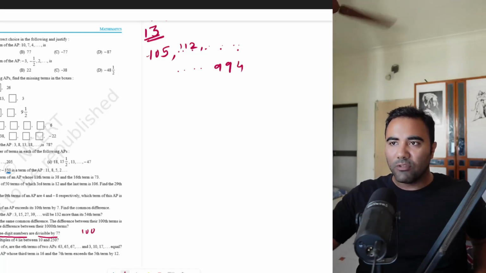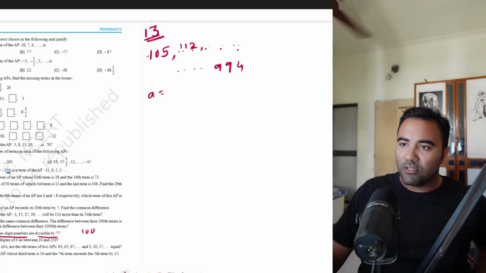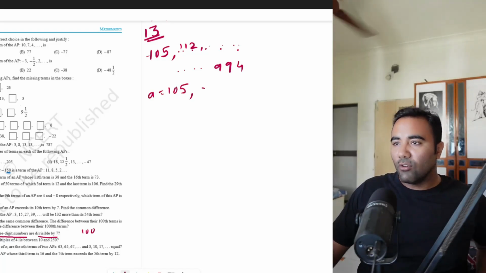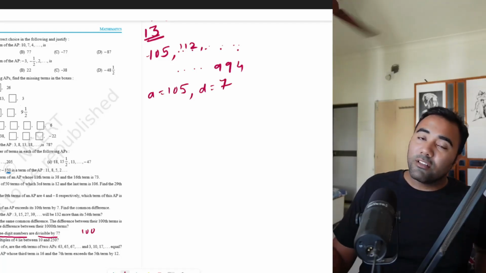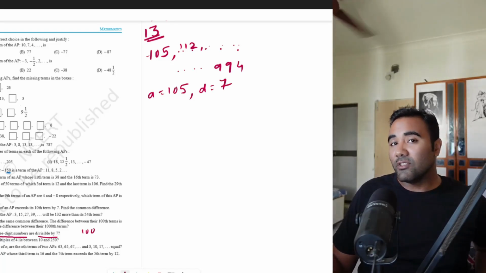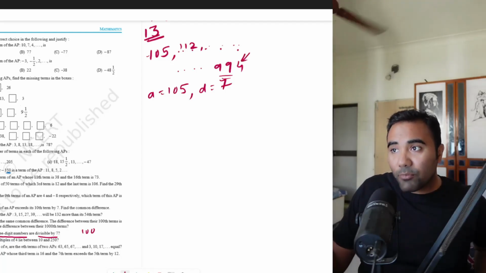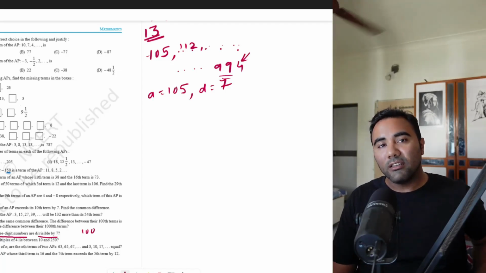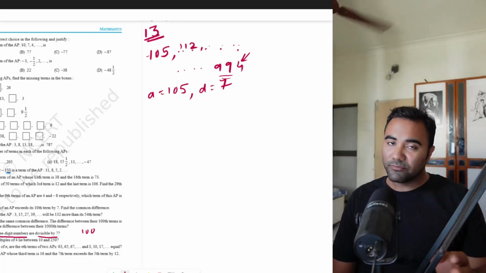So your first term A is 105 and your common difference is 7. The last 3-digit number divisible by 7 is 994. Now you must calculate the position of this number in the arithmetic progression, which gives you the total number of terms.